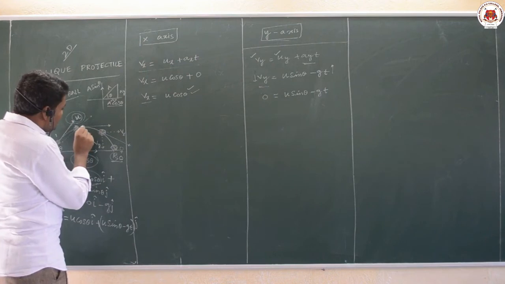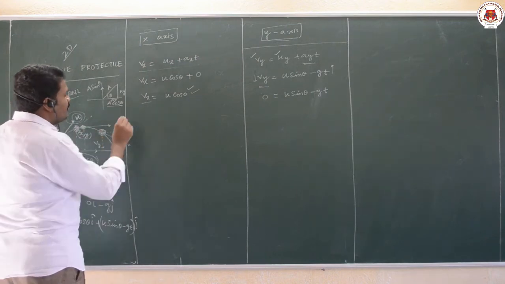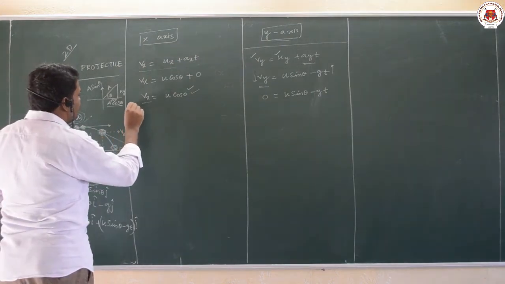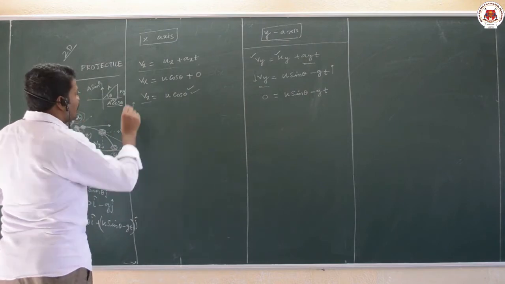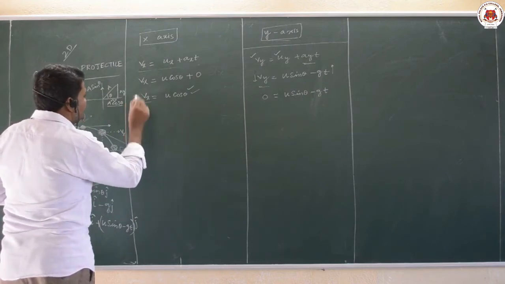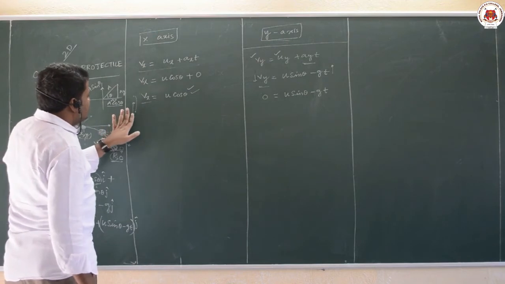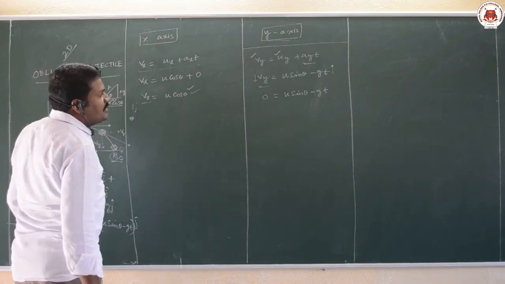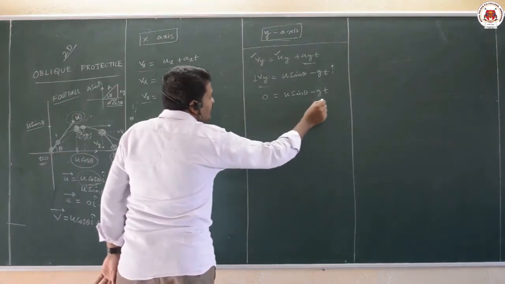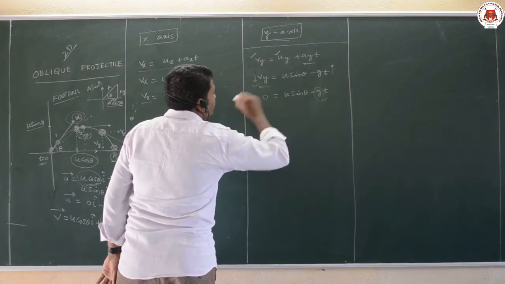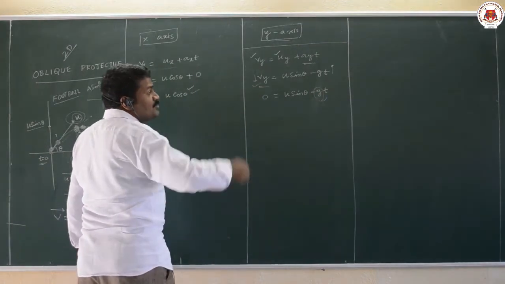But here what happens? It changes. If you observe a vertically projected body, it moves upwards, and after reaching 0 it comes back, because here acceleration is acting opposite to the velocity. Here acceleration is acting opposite to the vertical component of velocity, therefore it comes back.